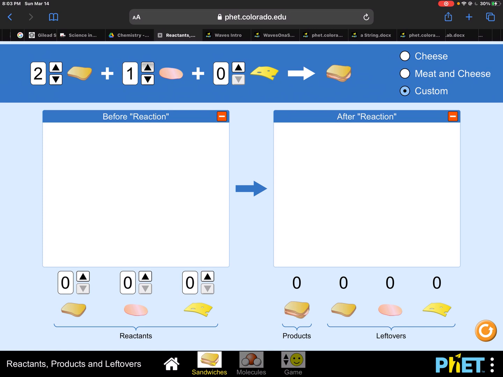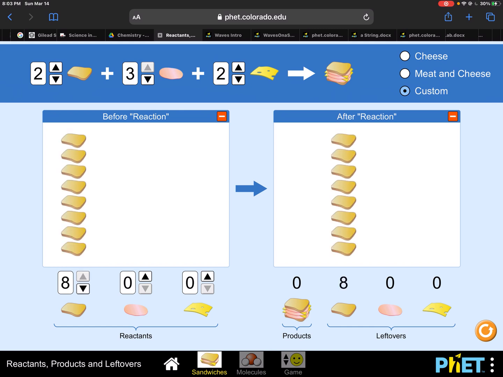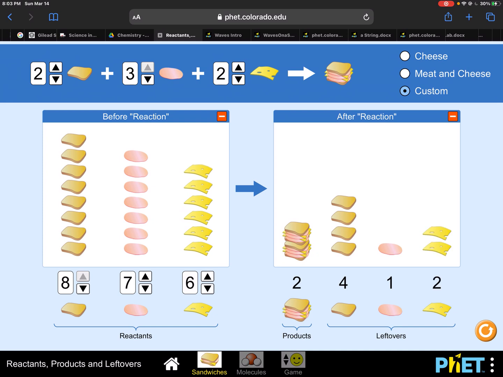If you want a certain sandwich made a certain way, that's your basic way to make one sandwich. And if you add in a bunch of things here, how many sandwiches would it make?